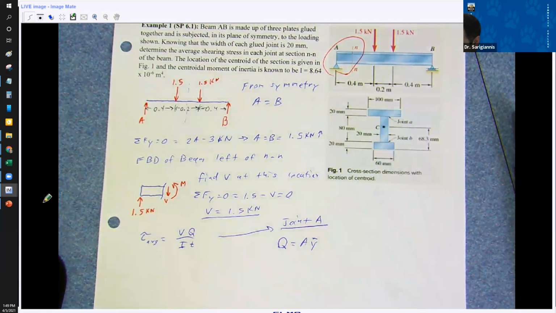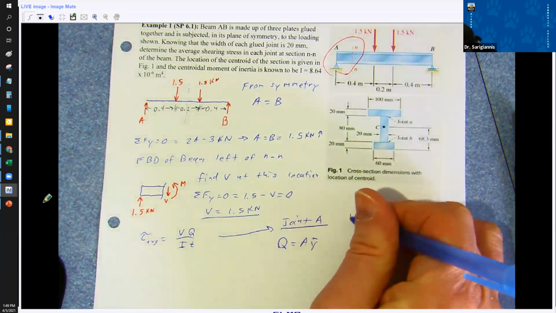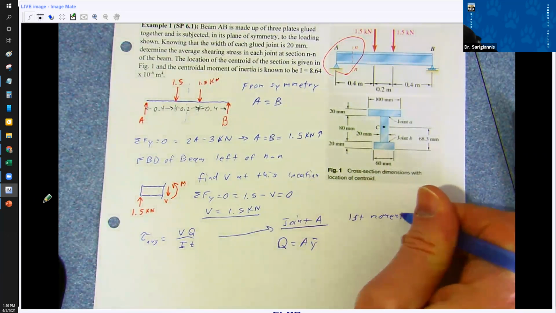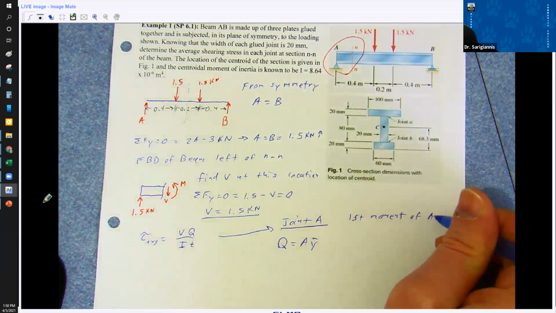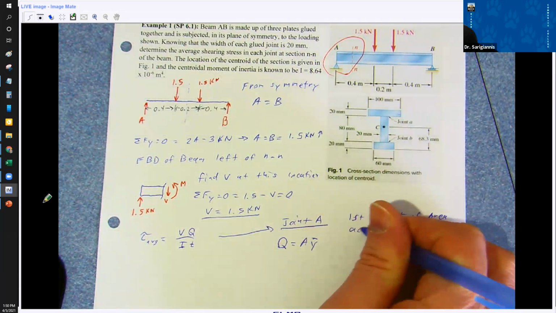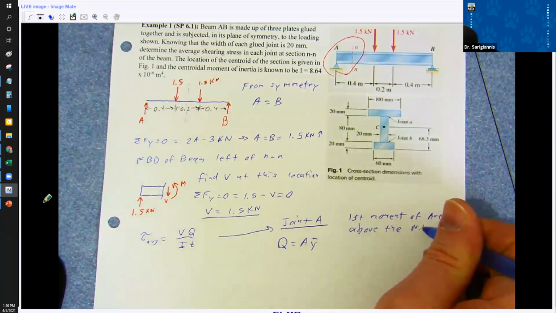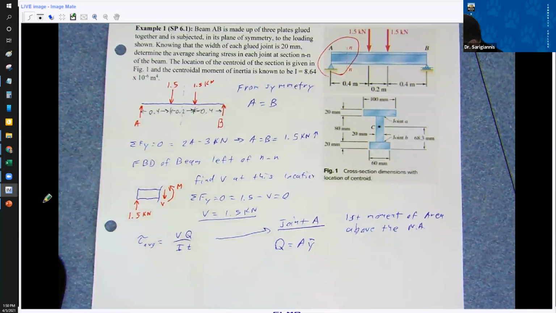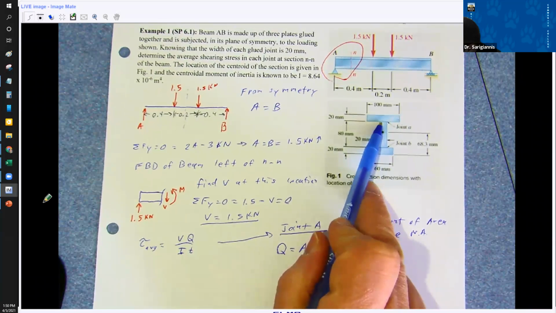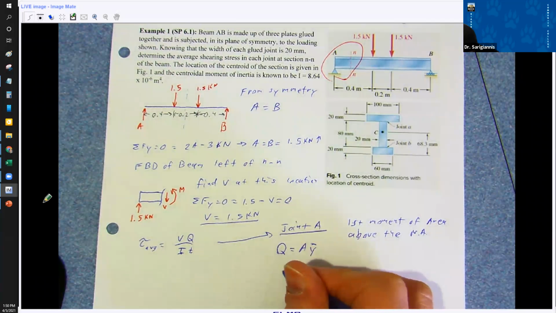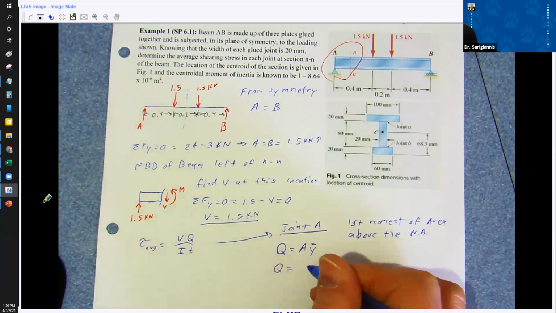This is the first moment of area above the neutral axis. Because we want the shear at this joint, we're looking at the area above it, right? That's what this Q is.